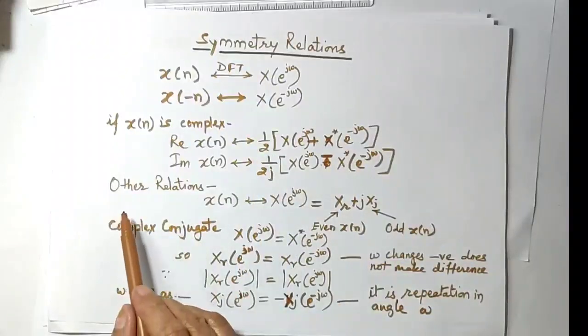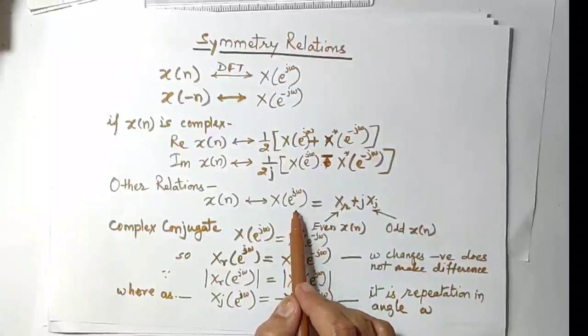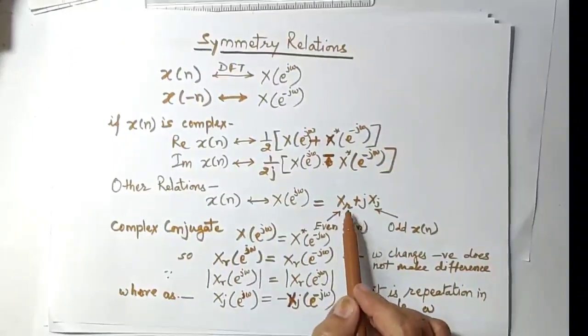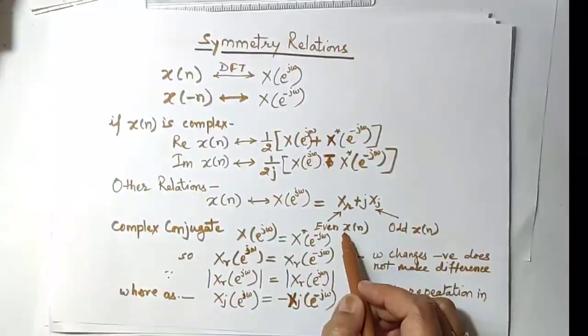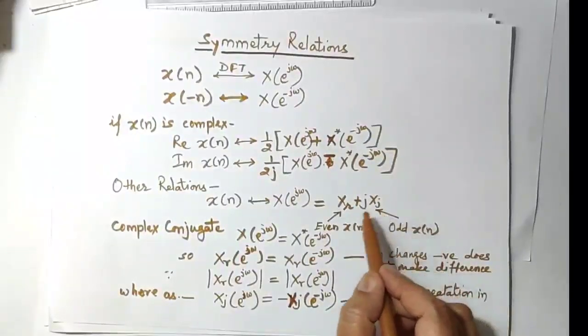With symmetry relations, we know that if x[n] has the Fourier transform X(e^jω), then it consists of two parts, real and imaginary. The real part is even and the imaginary part is odd. So we'll approach it in this way.